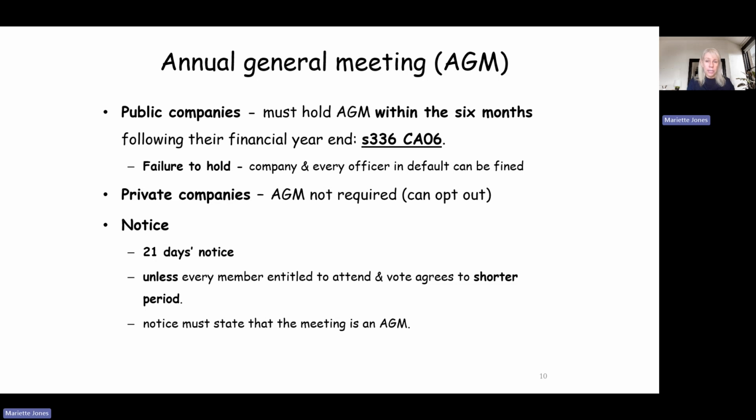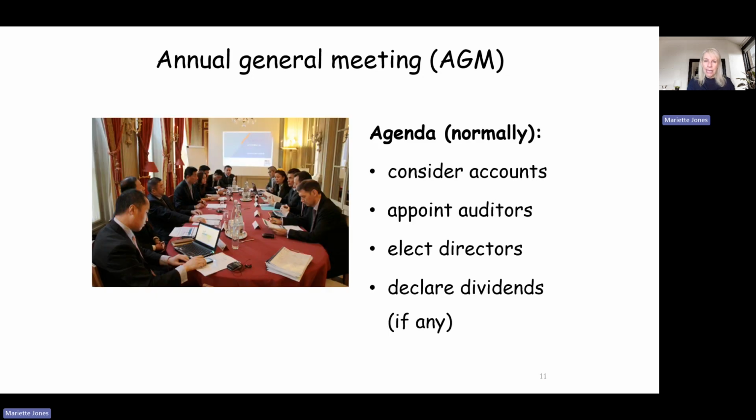Private companies do not have to hold annual general meetings unless they choose to. Annual general meetings require 21 days notice unless every member agrees to a shorter period. Typical annual general meeting agendas include items such as reviewing company accounts, appointing auditors, electing or re-electing directors, declaring dividends, etc. Now, these are fundamental issues that require shareholder approval.